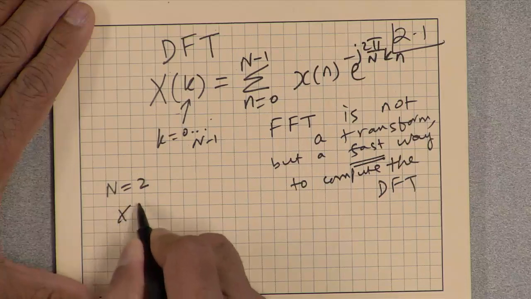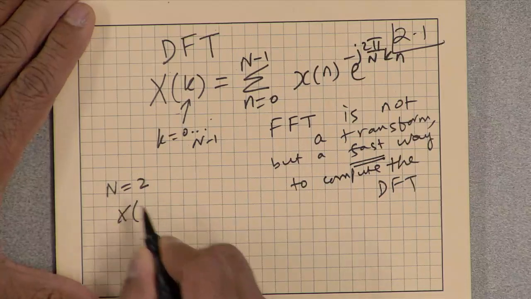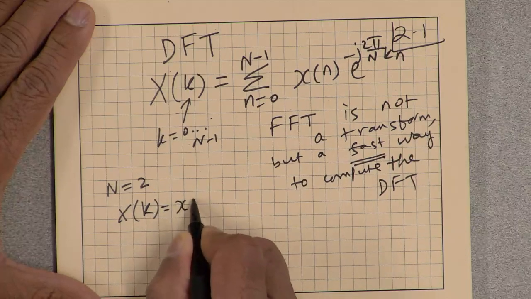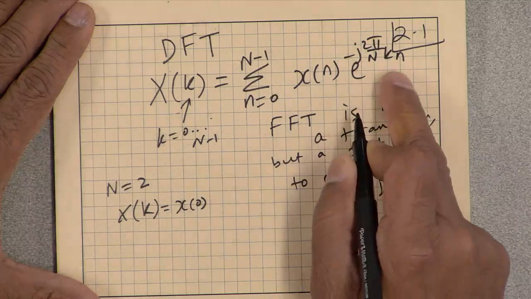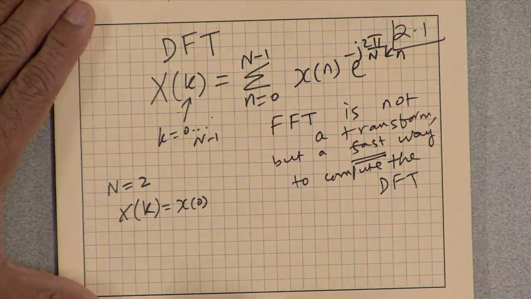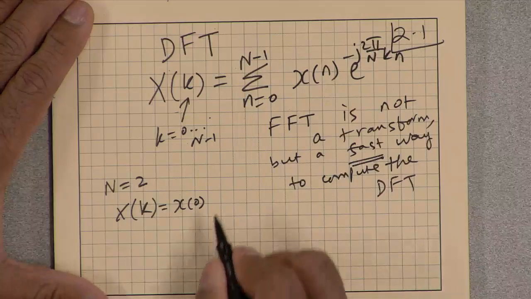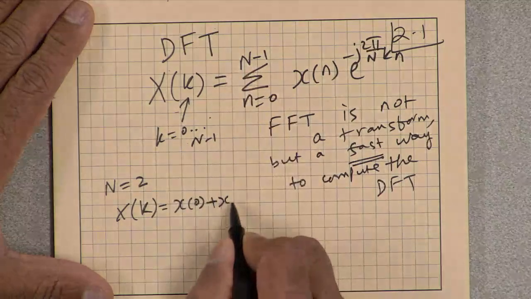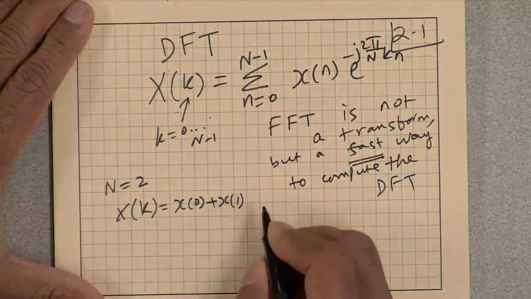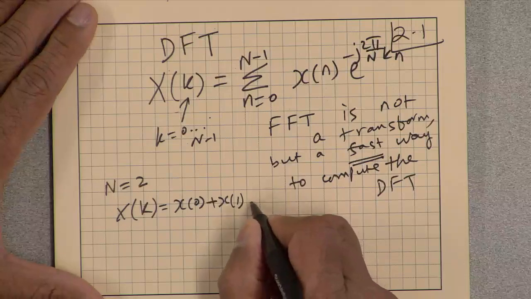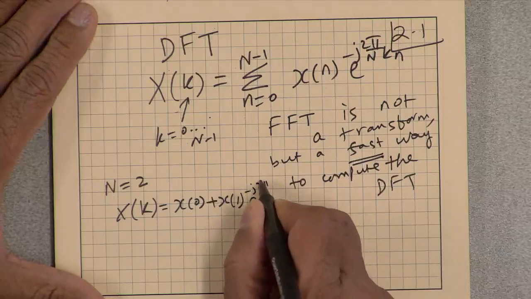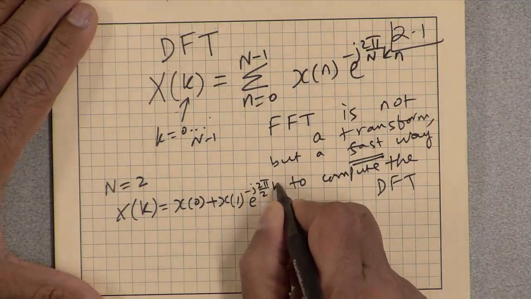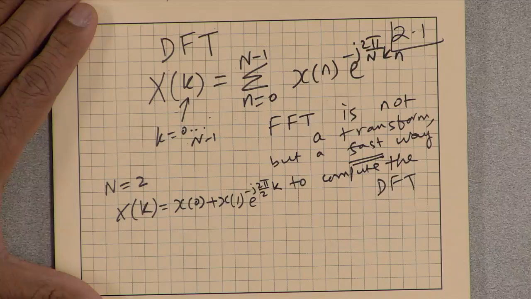If N was 2, then X[k] will be equal to x0, first term, n equal to 0, e to the power 0 is 1, plus next term, n equal to 1, x1 e to the power minus j 2 pi by 2 times k times n, which is 1.